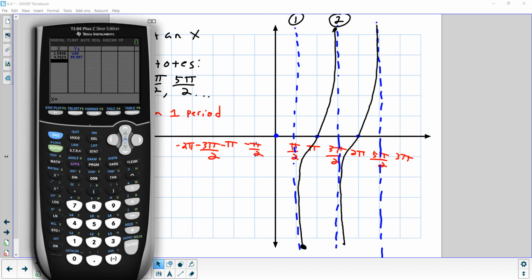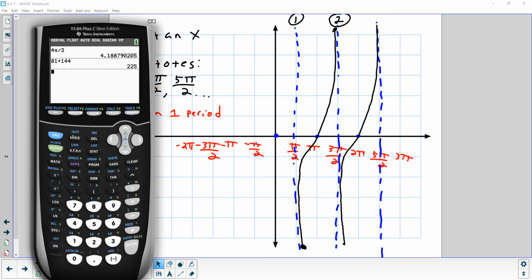So let's graph. And let's just set my window from 0 to, well, I'll go to 3 pi. That's close to the edge of my screen on the smartboard. 0 to 3 pi, and hit graph. So I didn't draw everything.